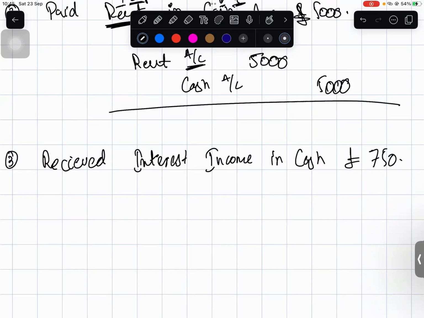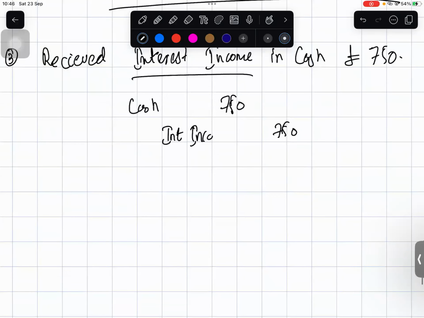No, sorry. Cash account debit 750 and interest income credit 750. Absolutely right. And could you provide me the logic why you've done it like that? Because cash account is increasing and assets, when they increase, go on the debit side. And interest income is an income account, so when it increases, it goes on the credit side. Absolutely.